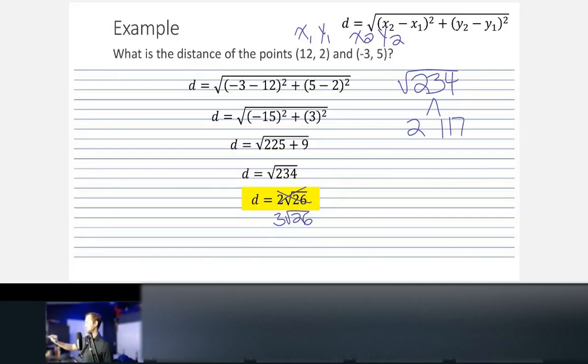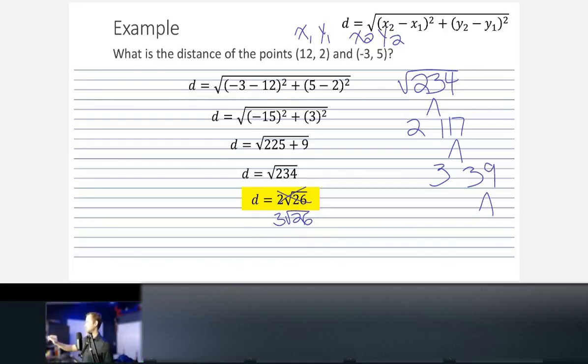And then we do this and we get 3 and 39.